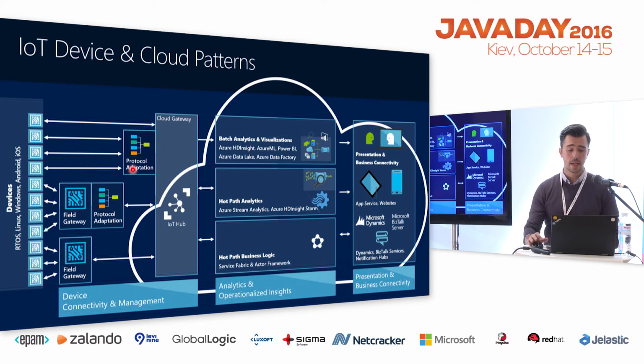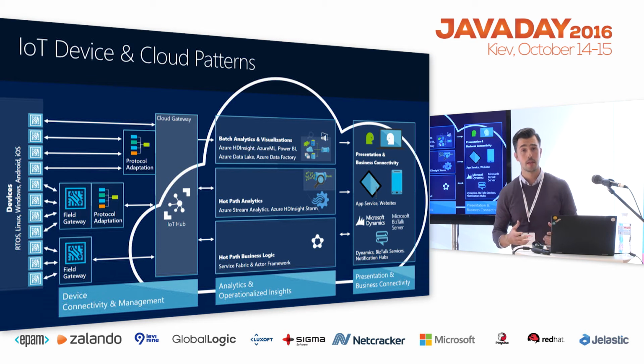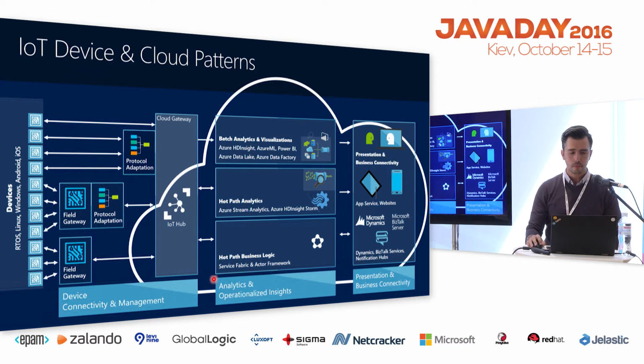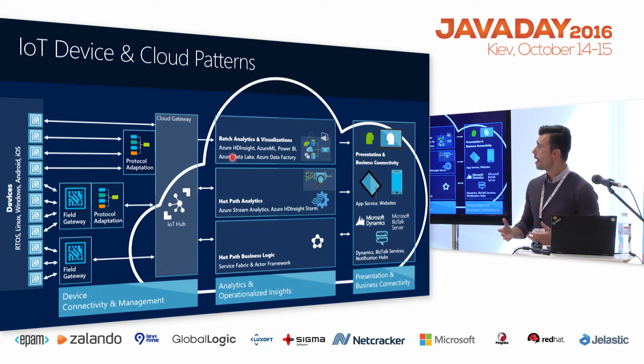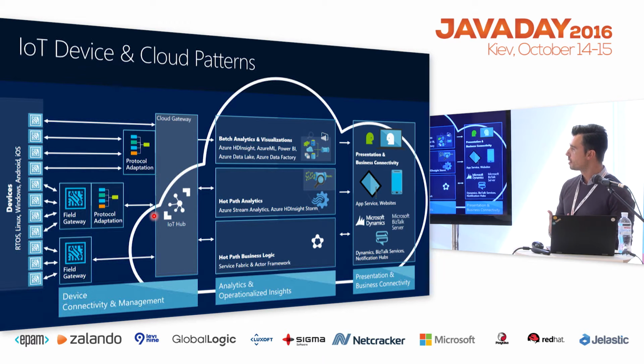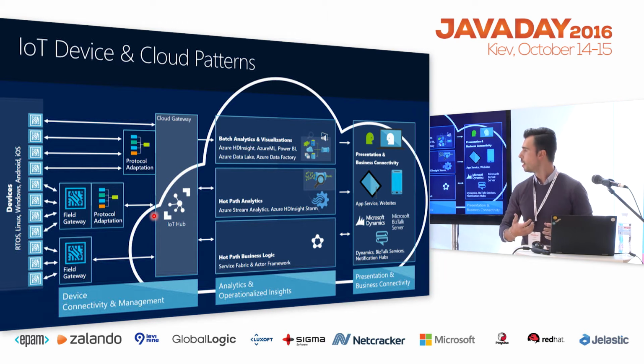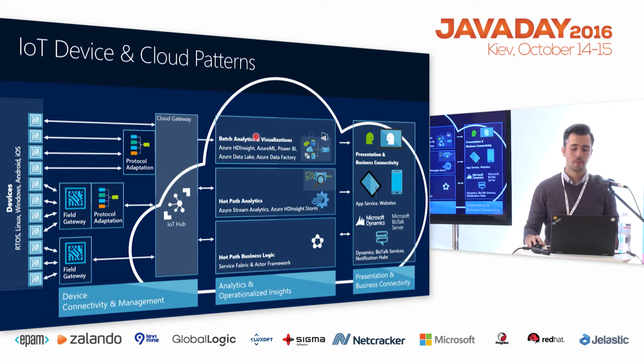The other point is that not all devices speak the same languages or the same protocols, so sometimes you might need a protocol gateway or protocol adaptation in order to adapt them, so that the data can be readable for the cloud. You need to have something like a cloud gateway. In this case, it is the IoT Hub that will allow you to connect all those devices and actually get the data out of them so you can process it.